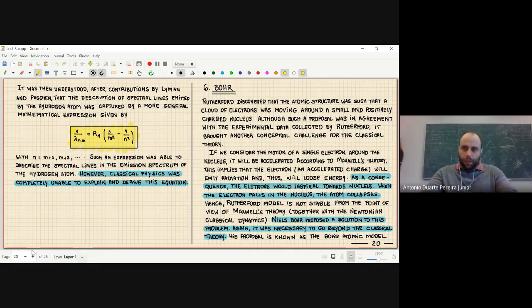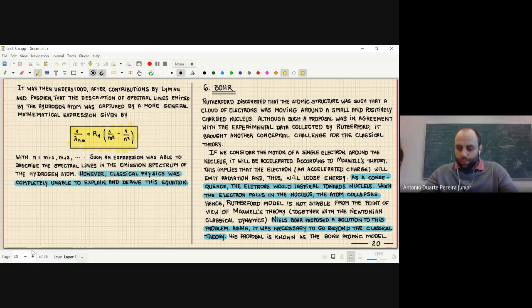So now, given that this is the proposal, you have a nucleus with positive charge and you have electrons going around it. We want to understand what the classical theory tells us about that.